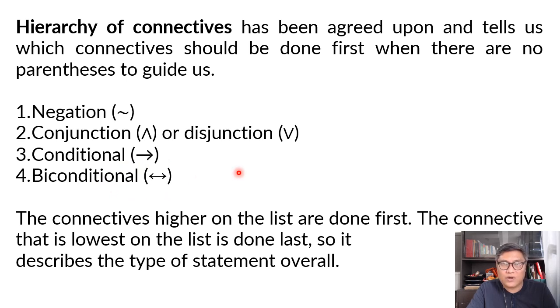So if you happen to have combinations of these connectives, then we have to apply which one should be done first before the other. So the connectives higher on the list are done first. So the connective that is lowest on the list is done last. So it describes the type of statement overall.